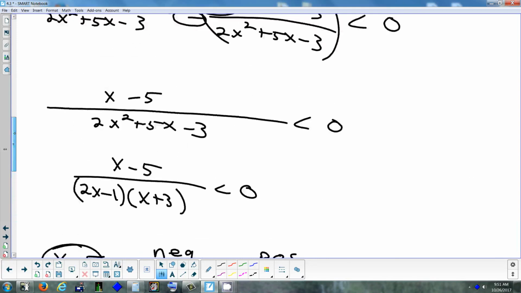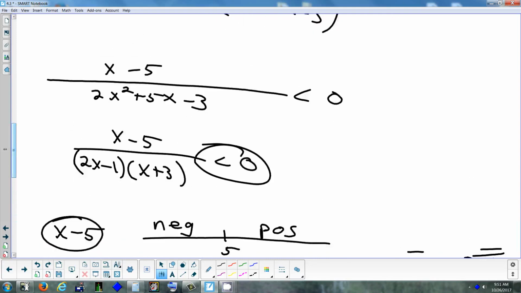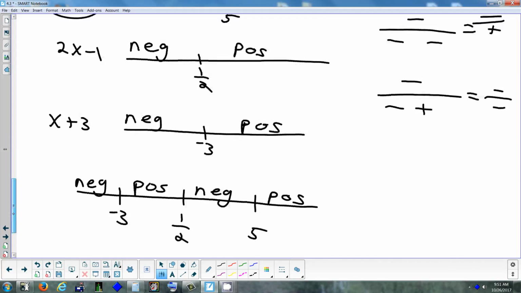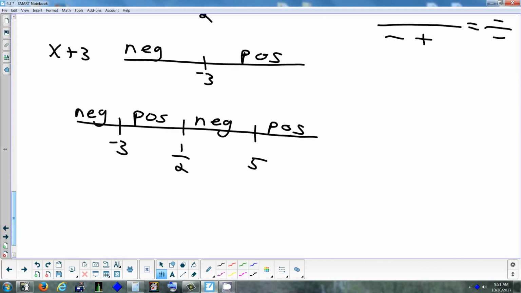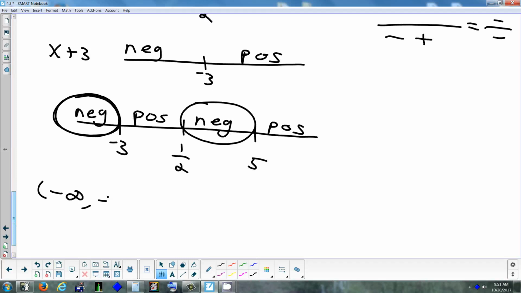And now the question was, where is this negative? Where is it less than 0? How many sections on that number line are negative? 2. In that section, we will be less than 0, and in that section. Can anyone describe to me the interval that I circled right there? From -infinity to -3.